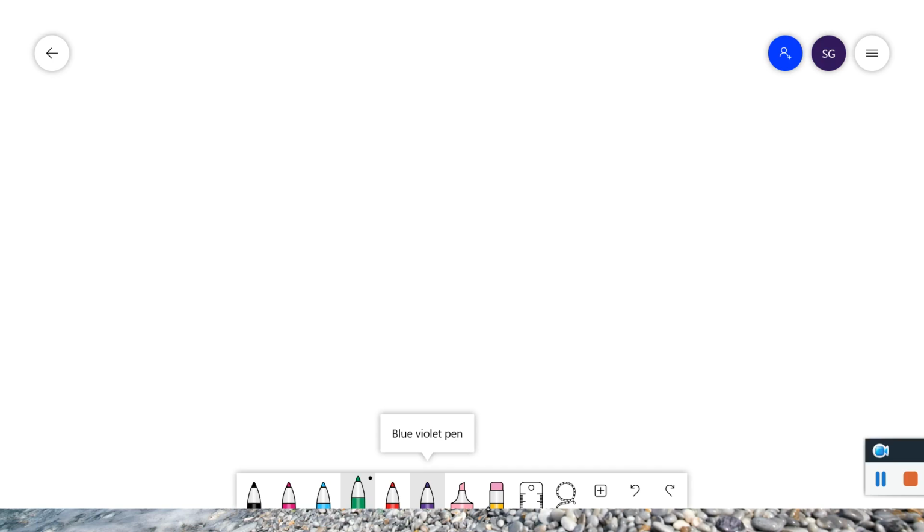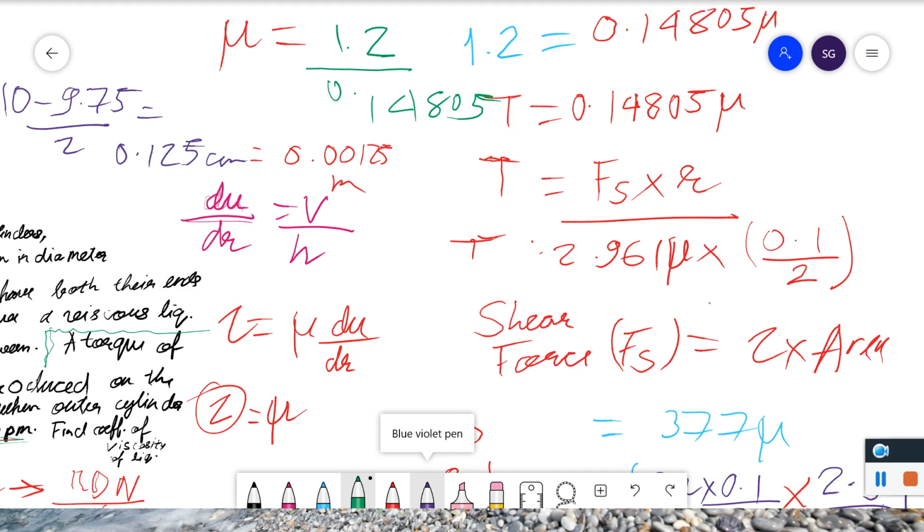Let me calculate it out. With the calculation, it will be 1.2 divided by 0.14805.